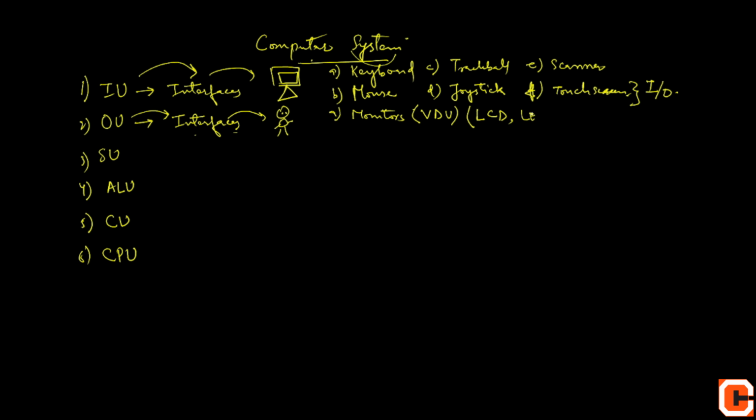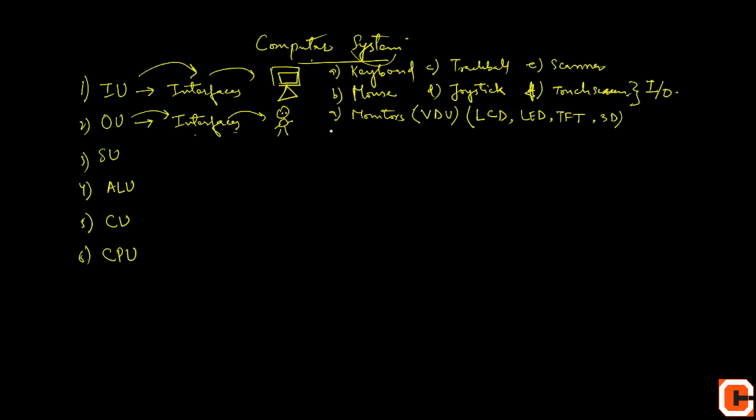We know about LED, which is light emitting diode display. Then we have TFT, you may have heard it. This is called thin film transistor. And moreover we have 3D screens, 3D monitors, also presently.